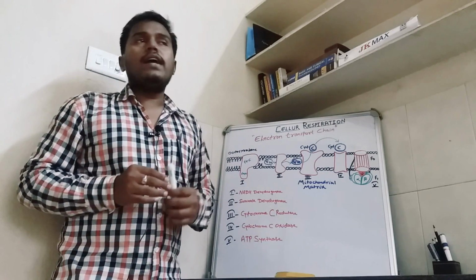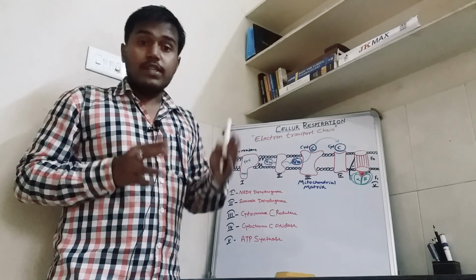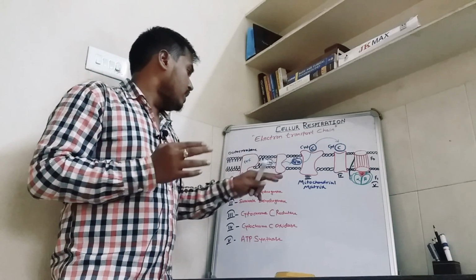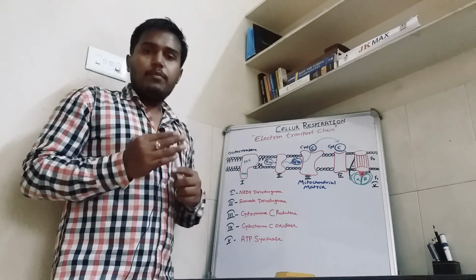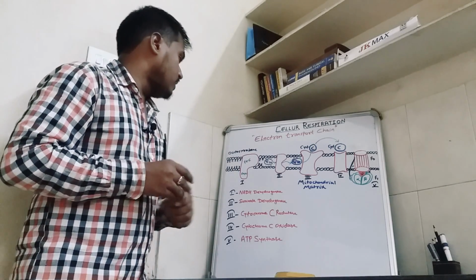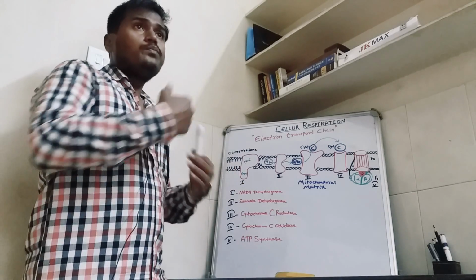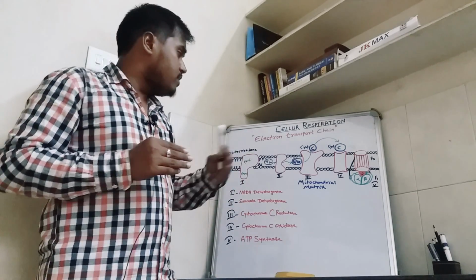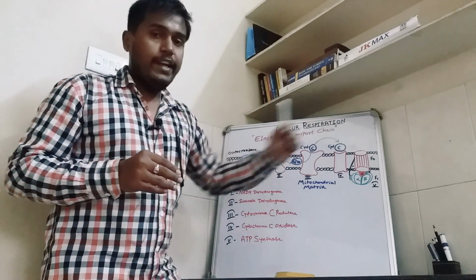Because, as you remember, in the Krebs cycle or citric acid cycle, the conversion of succinic acid to fumarate requires an enzyme called succinate dehydrogenase, and in that process we release FADH. So it will oxidize FADH to release electrons. Now at last we will get ATP.